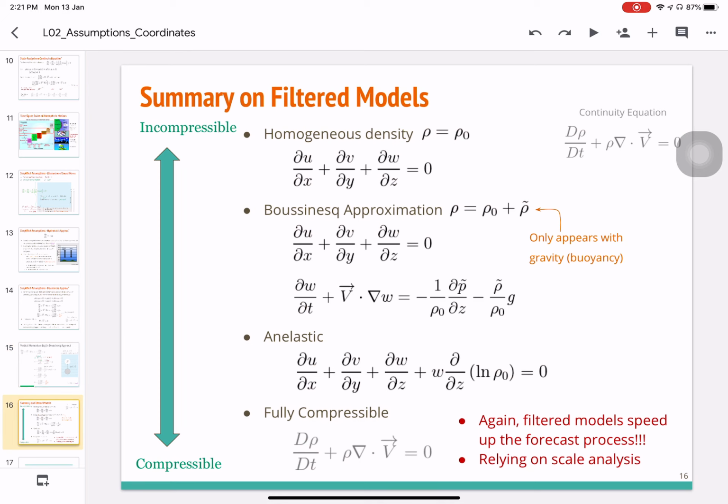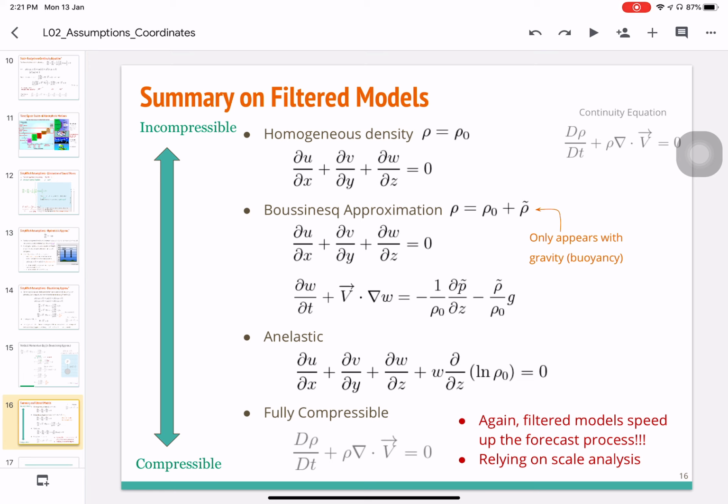I have put up a sort of table for you to understand how we can look at the change of density in different types of models. The simplest one would be homogeneous density, which is the incompressible fluid. The second simplest model would be the Boussinesq approximation, because it's still incompressible in the continuity equation, but we have density variation in the momentum equation.